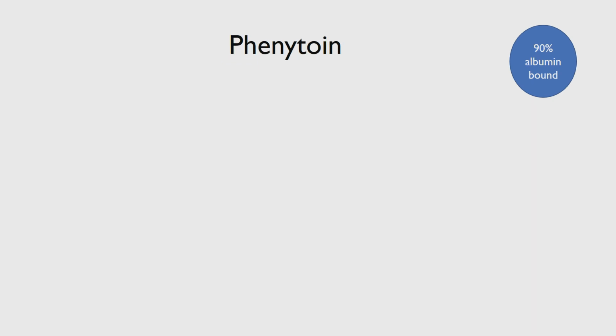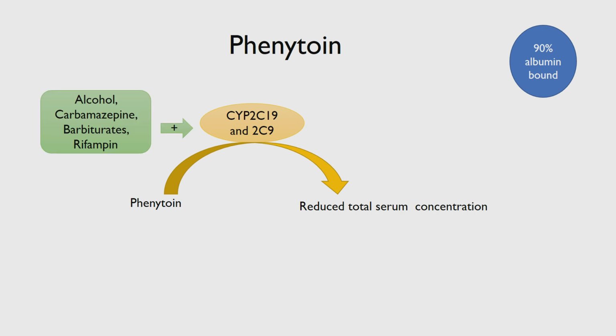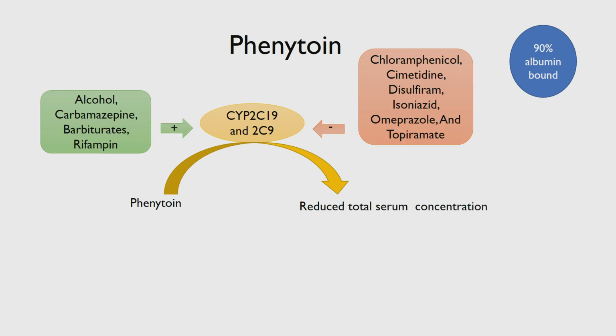Coming to phenytoin, phenytoin is 90% albumin bound. And similar to carbamazepine, here also there are different drugs which are activating the enzyme, such as alcohol, carbamazepine, and barbiturates, which will reduce the total concentration of drug in the blood. And there are drugs such as chloramphenicol, cimetidine, disulfiram, and isoniazid, which increase the amount of drug in the blood.